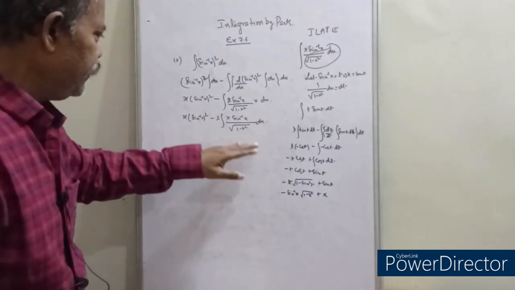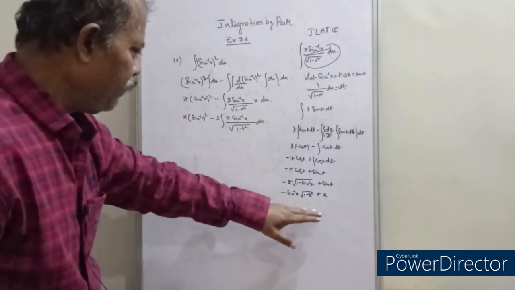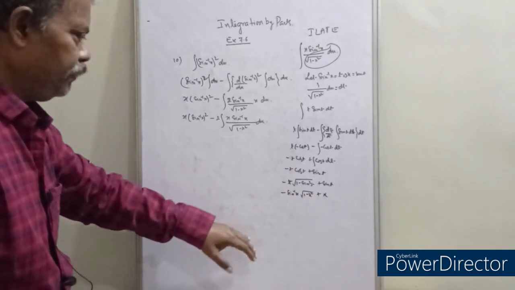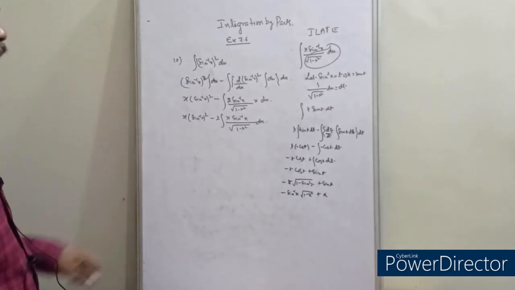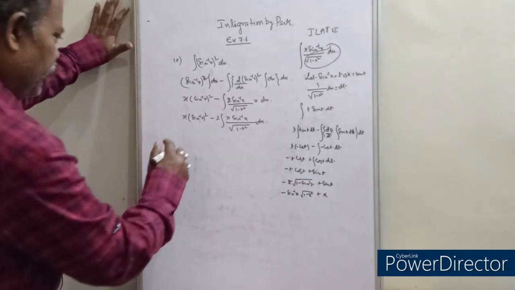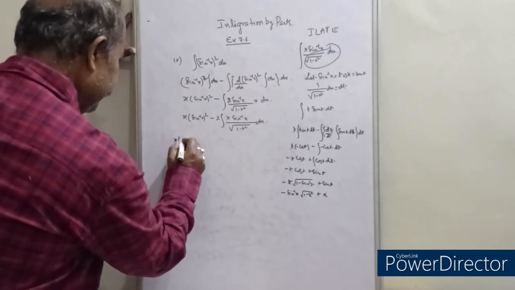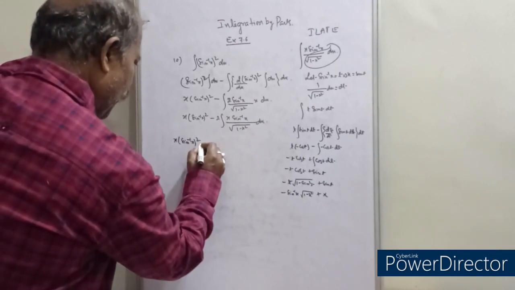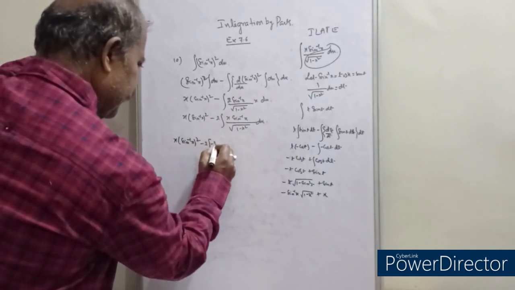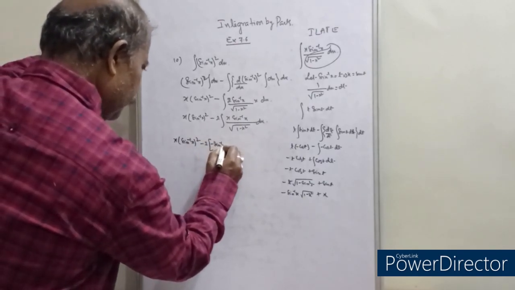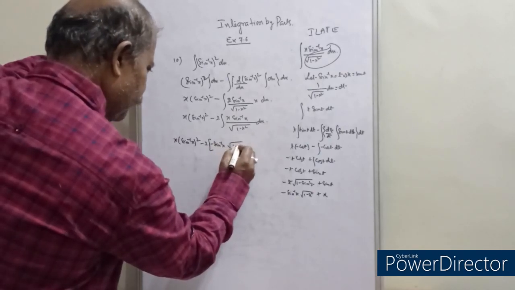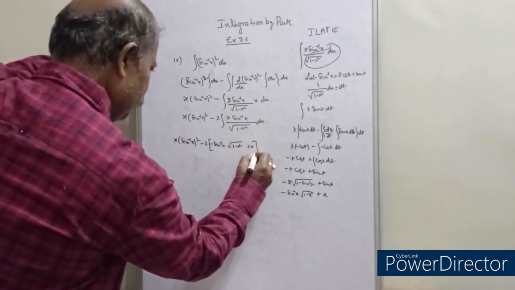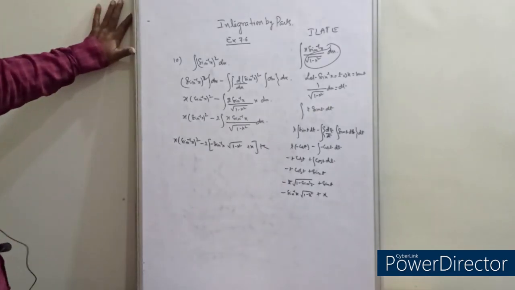So I have got this result, and I am going to place it here. So this will be x times sine inverse x the whole square, minus 2 times minus sine inverse x root 1 minus x square plus x, plus c, the integration constant.